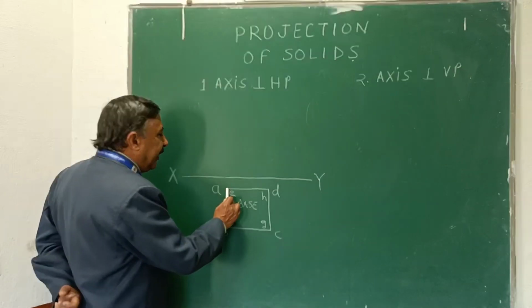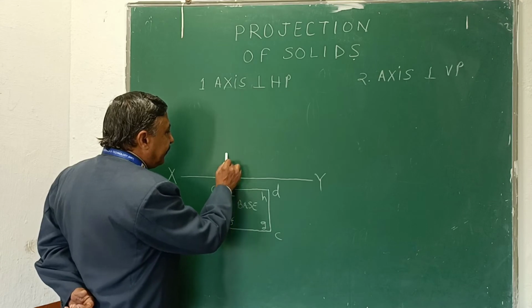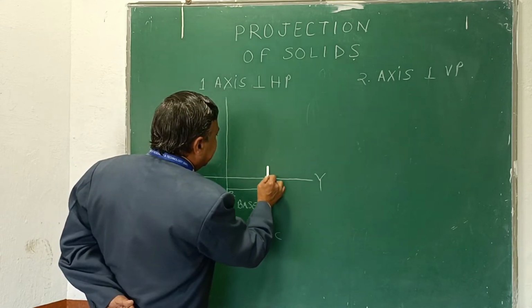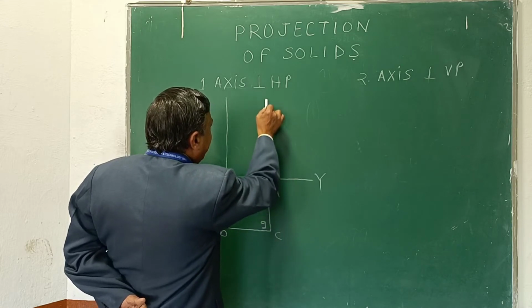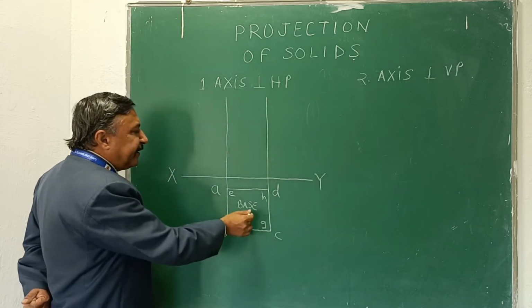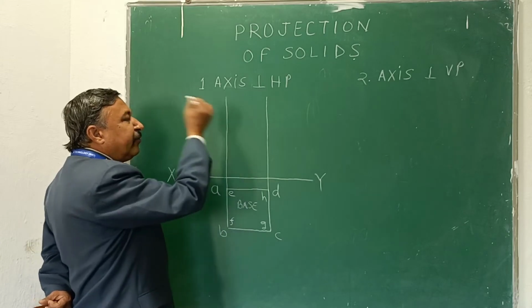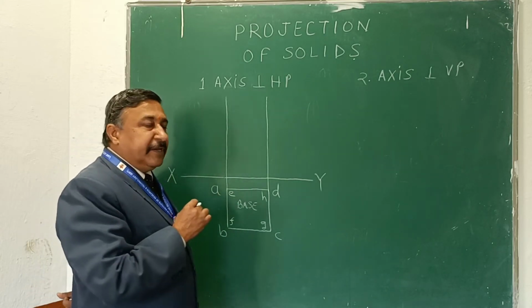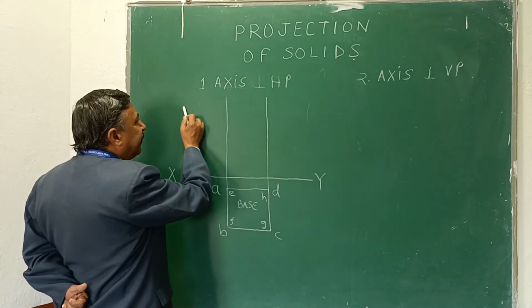Now, we have to draw the next view. Just project it. And this is the base. Now, we have to draw the face, meaning the height of the axis of the prism. So, we take the height of the axis of the prism here.